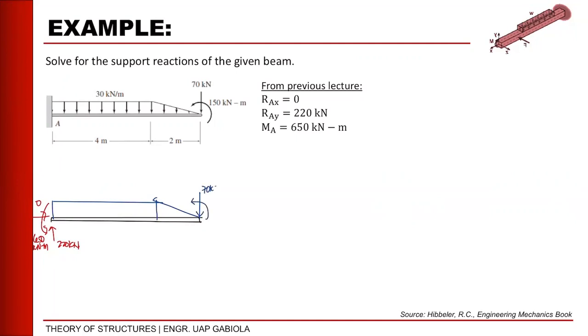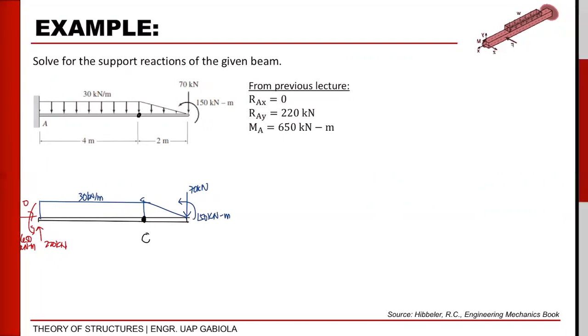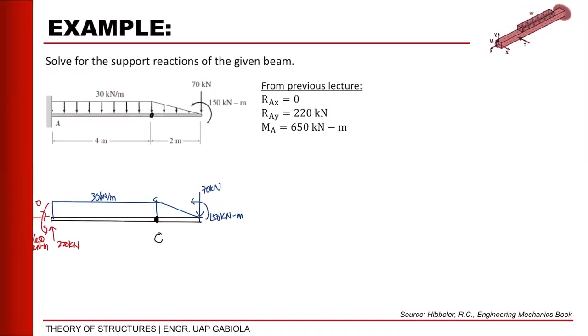So 70 kilonewton, 150 kilonewton meter, and then we have 30. Okay? And then ang consider natin halimbawa is itong portion na to. Okay? So portion at C. So this will be our cut section.